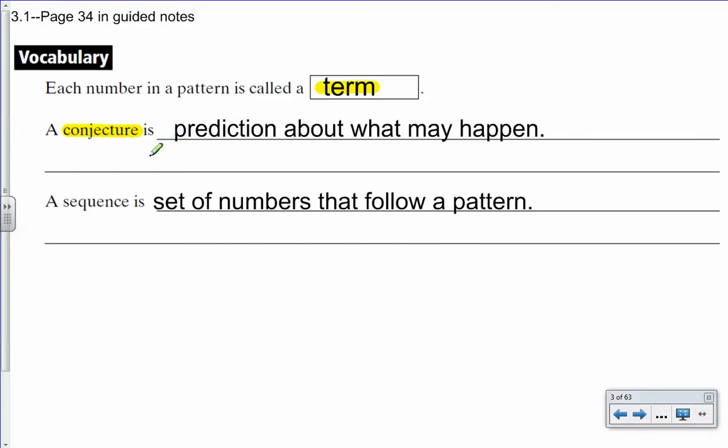When we're looking at number patterns, we are really making a prediction about what the next number in the sequence will be. And a sequence is a set of numbers that follows a pattern. You can hit pause to get these vocabulary definitions jotted down, and when you are ready, you can unpause.